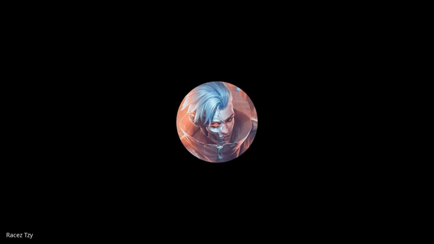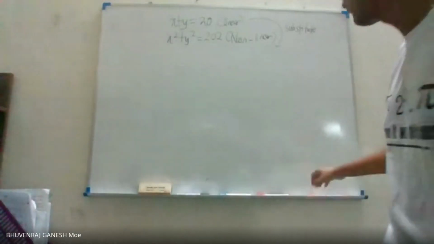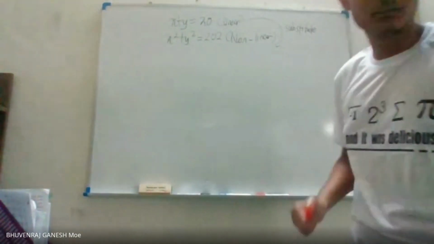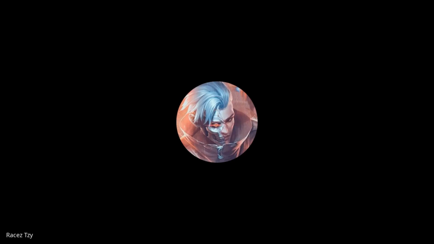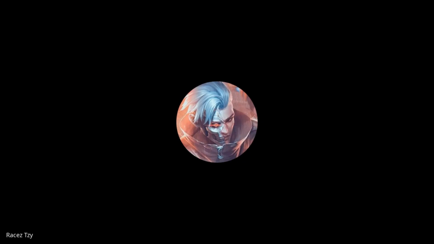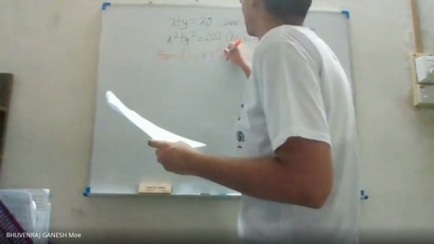Because we need to solve this question fast. Other ways can be done, but it will take a long time. So let's say you want to choose x or y to express. x. Okay, so x equals 20 minus y.